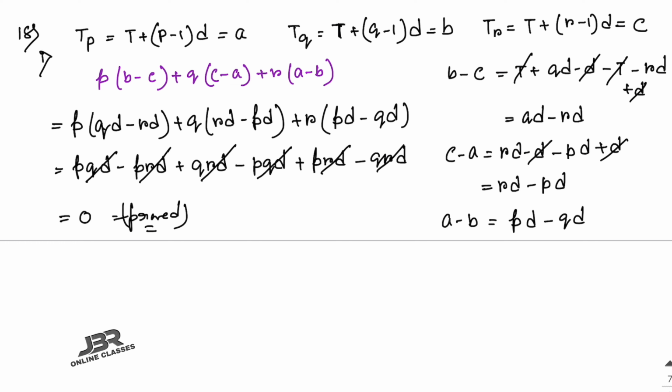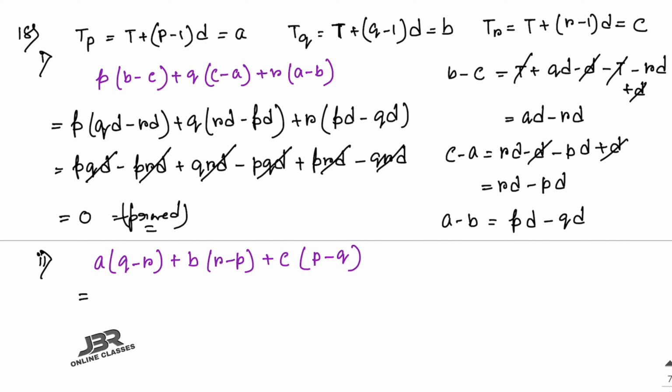Now let's move on to sum number 18(2). In 18(2), you have to prove that A into (Q-R) plus B into (R-P) plus C into (P-Q) equals 0. So take A into (Q-R).